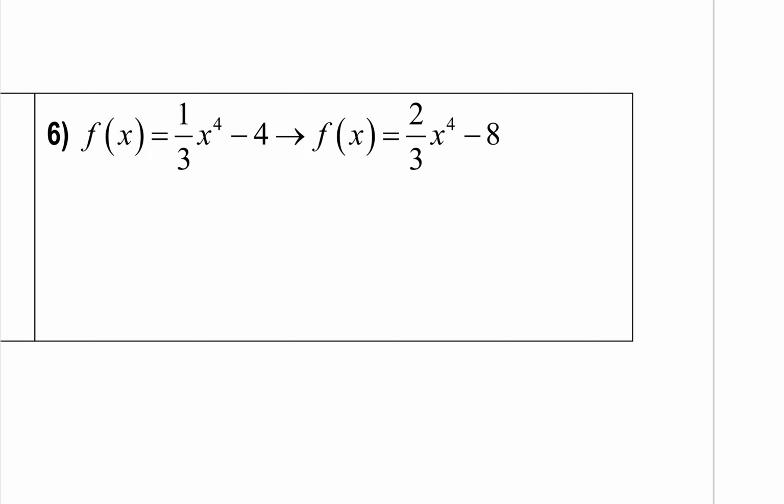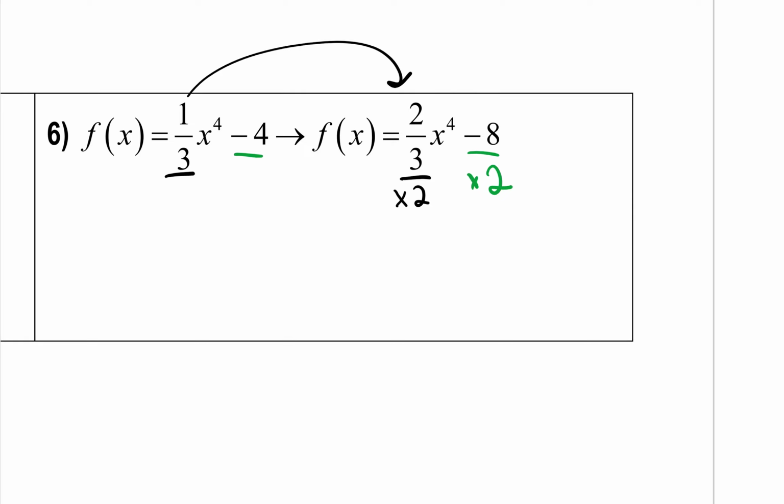Okay, so here, I can go from 1/3 to 2/3. And you might think, fractions? I don't want to deal with fractions. Okay, that's fine. We can go from -4 to -8. So from -4 to -8, what did I multiply by? I did times 2. Of course, if you notice on the fractions, the denominator, the 3, did not change, but the top did, from 1 to 2 is times 2.